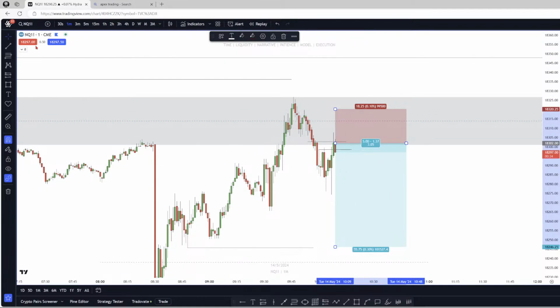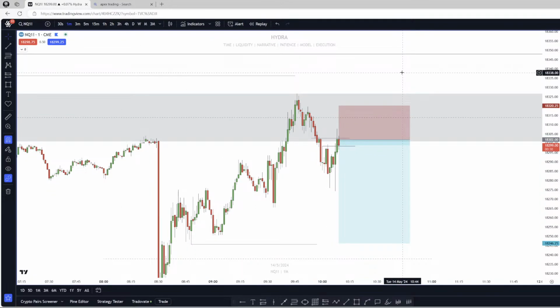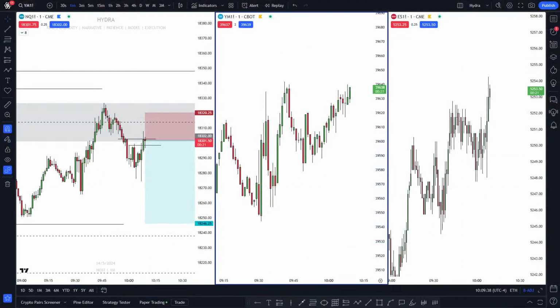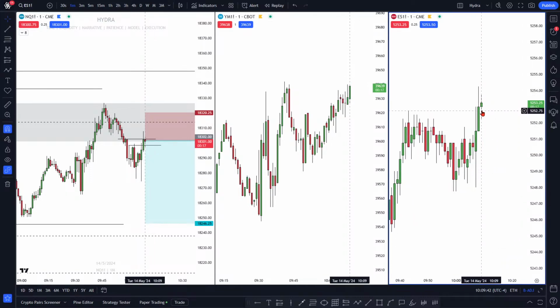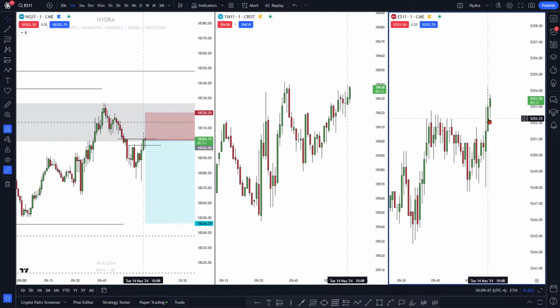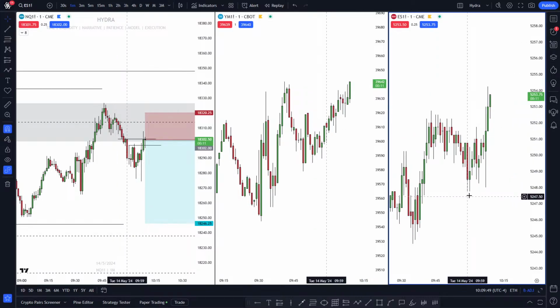Very nice reaction ES. Look at that. I'm looking at ES. I want to see ES closing one or two down close candles at this point. Very nice level on ES. This is too clean.